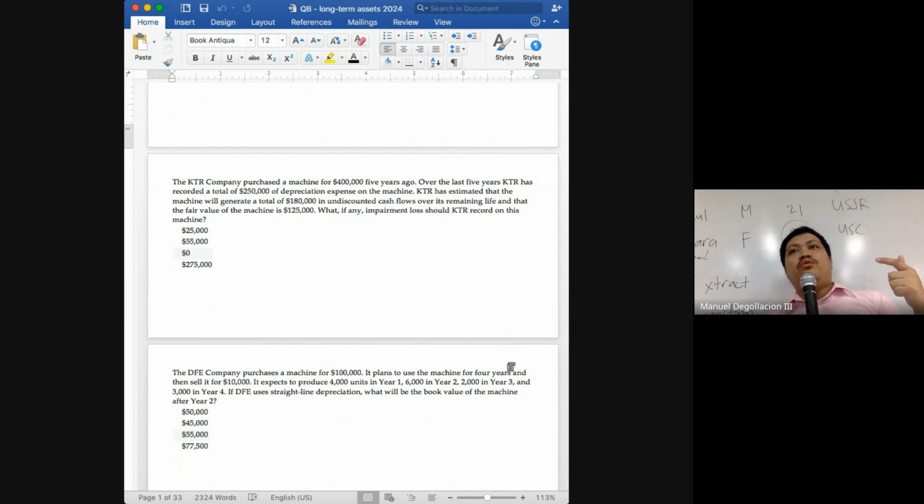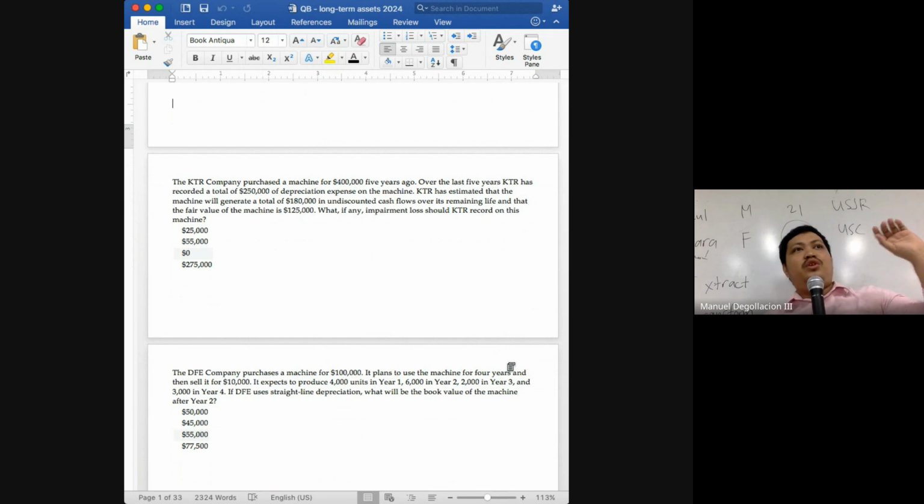If you are going to recover the value of the asset for disposal, then the recoverable amount would be the fair value less cost to sell. But why do we say that it is the higher between the two? Because the standard assumes that management is logical. The standard assumes that the management is not stupid.